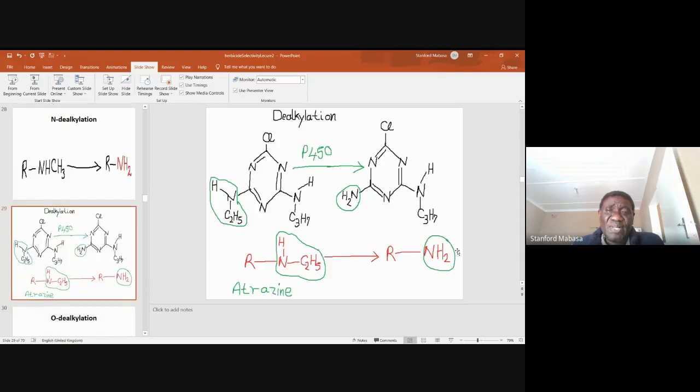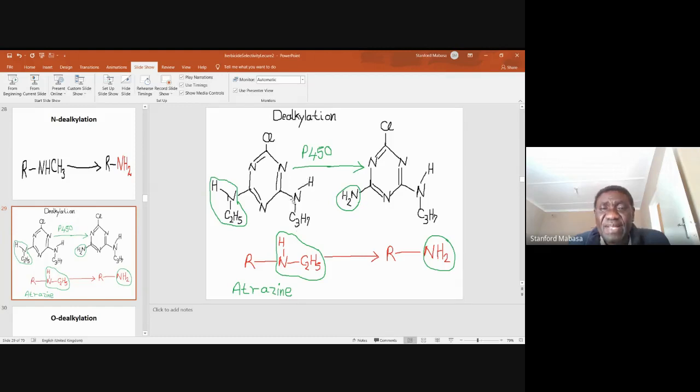I'm going to show you where this can take place. We've got atrazine, and the atrazine has got these structures with N. So this structure can be converted to NH2 here.